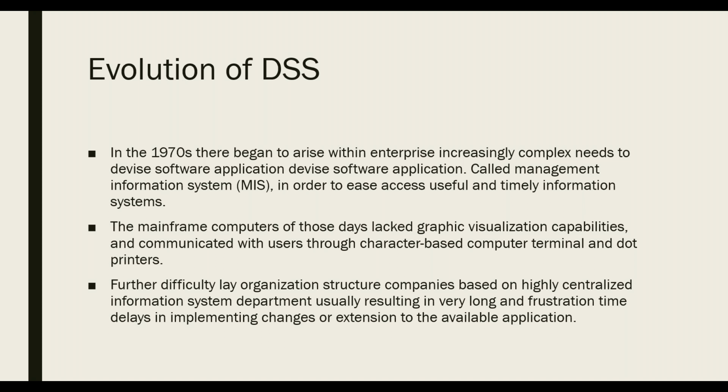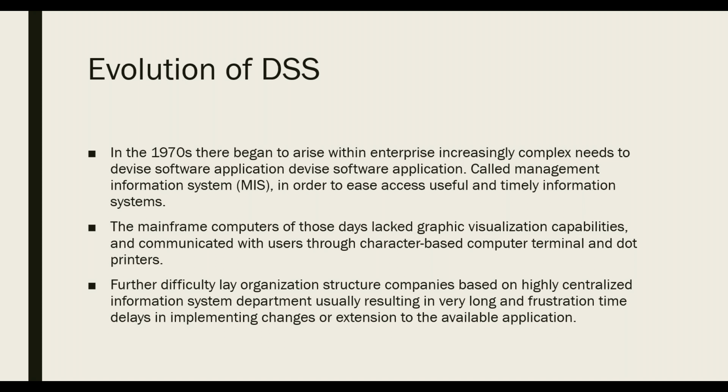Then came the mainframe computers of those days, which lacked graphical visualization capabilities, and they were not as advanced as the machinery which we have right now. They communicated with the users through character-based computer terminals and dot printers, like those dot matrix printers.